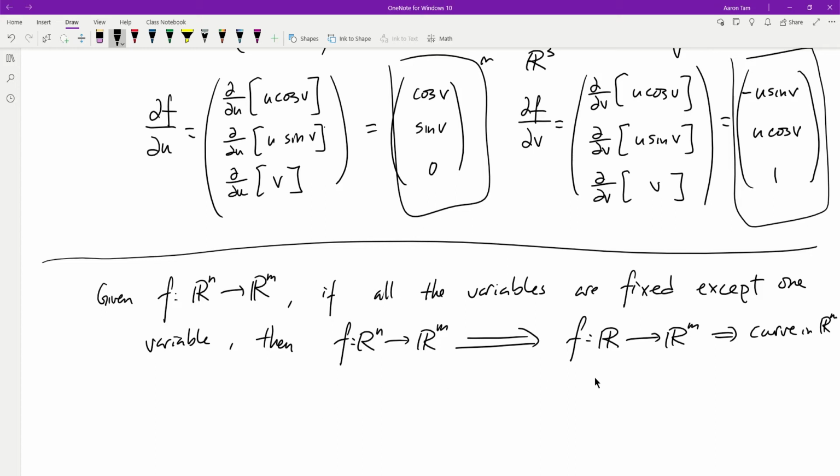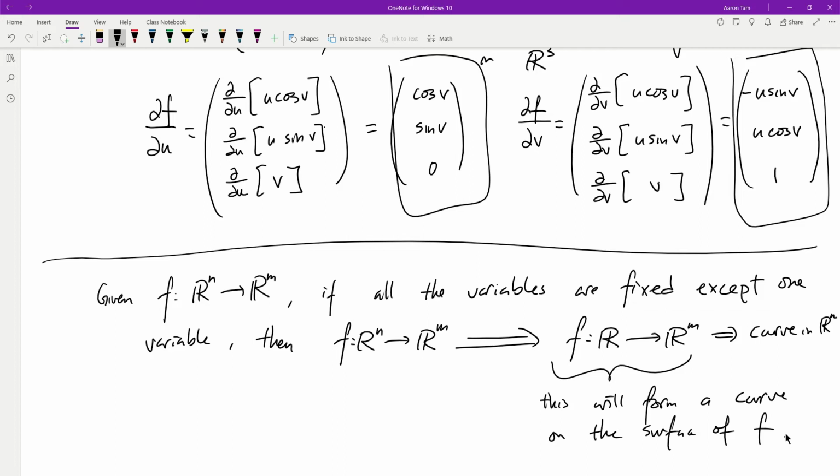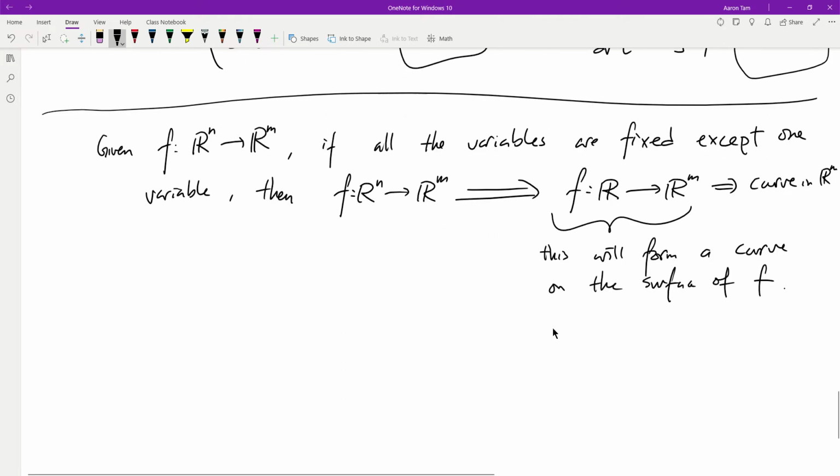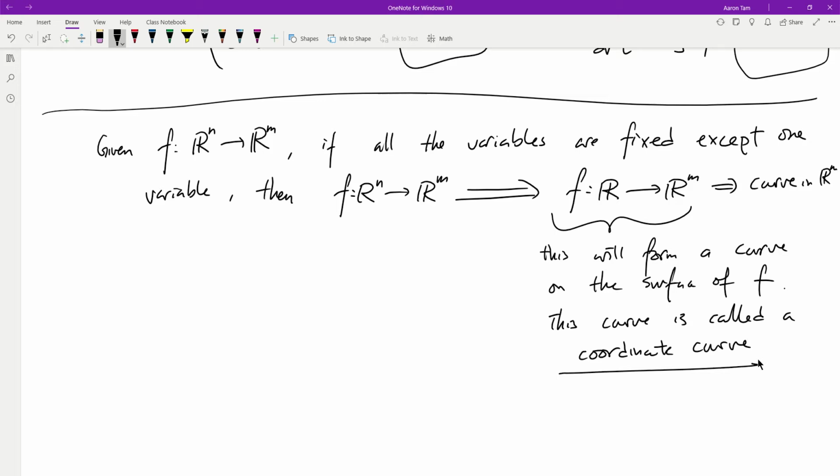So therefore, this function right here will form a curve on the surface of f. And this curve is called a coordinate curve.